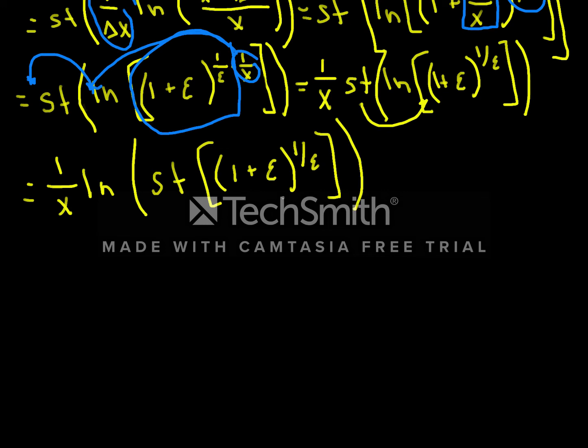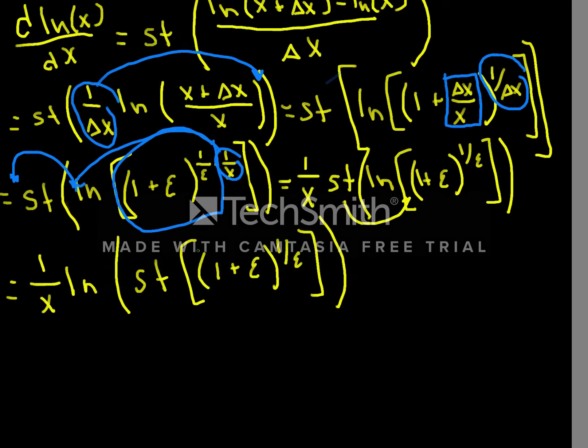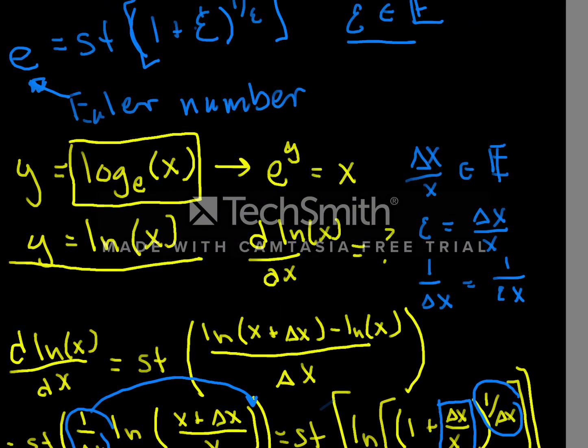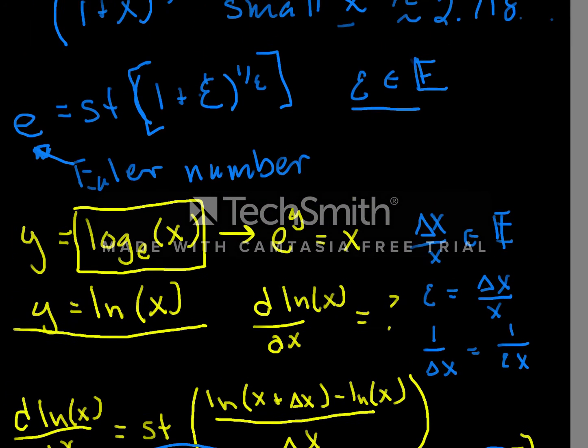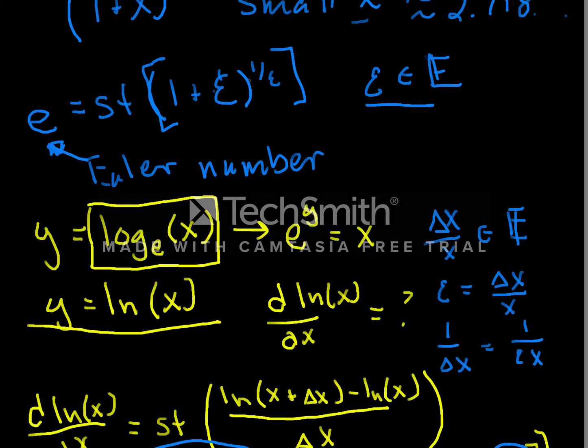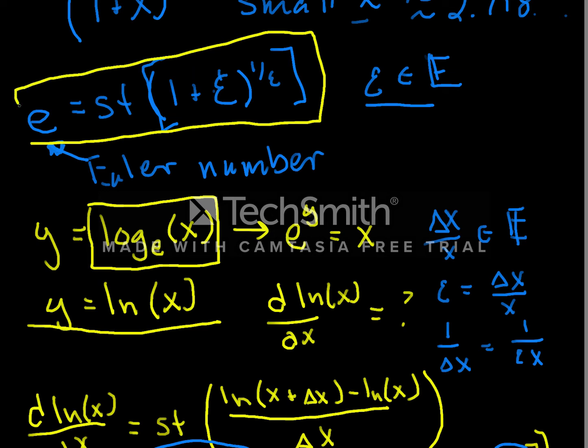All right, so now I need to know what is the standard part of 1 plus epsilon raised to the 1 over epsilon. But that's exactly, let's scroll up, what we defined e to be. e, our Euler number or our natural number, is the real number that's infinitely close to 1 plus epsilon raised to the 1 over epsilon.